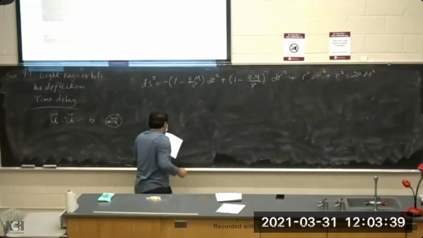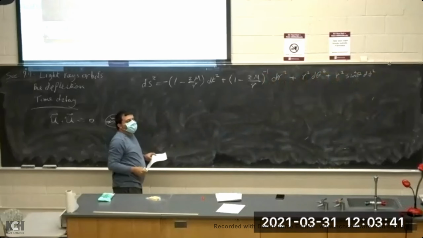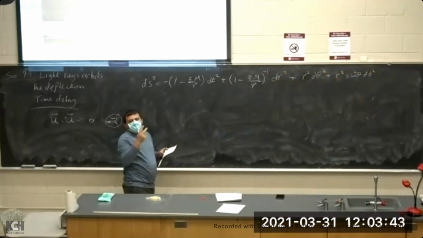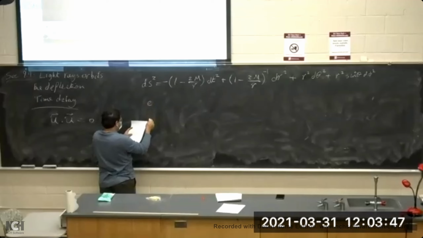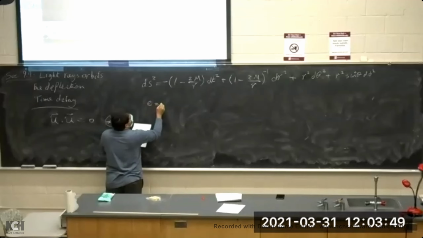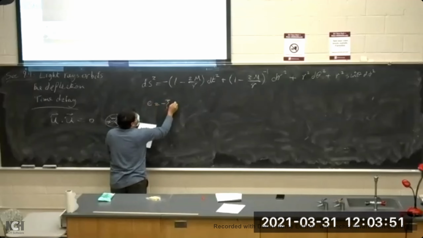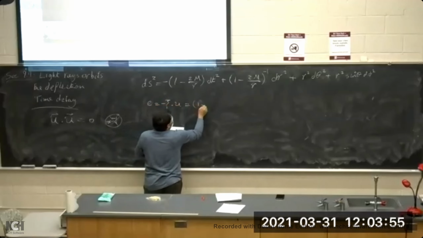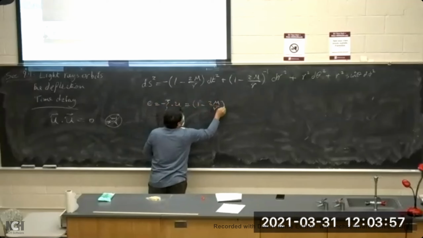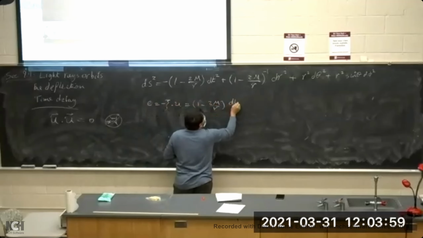And we have 2 constraints, which are the 2 conserved quantities. The first one is E, equal to minus xi dot u, which is equal to (1 minus 2m over r) dt by d lambda.